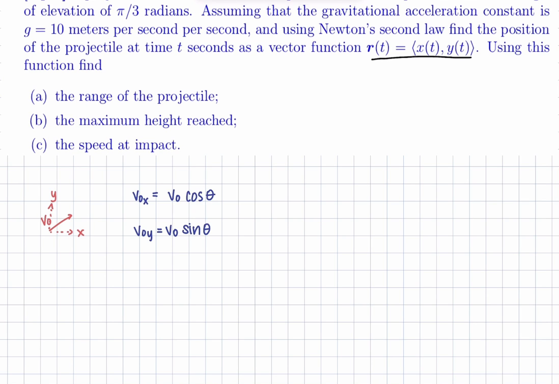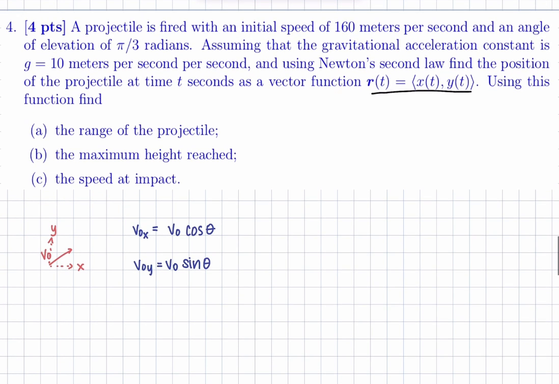According to the question, our initial velocity is 160 and our angle is pi over 3 radians. So let's plug that in. We're going to have 160 times the cosine of pi over 3 radians. If you're using your calculator, make sure that you're in radians mode and not degrees mode.